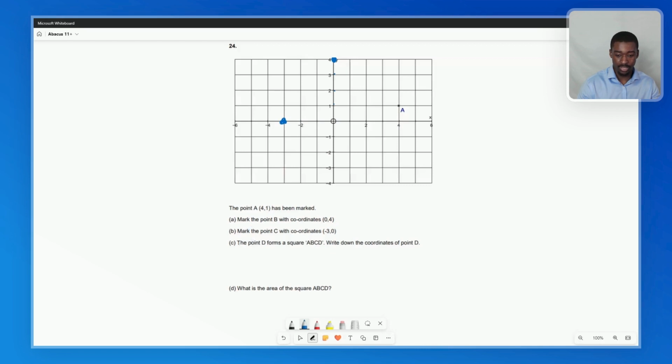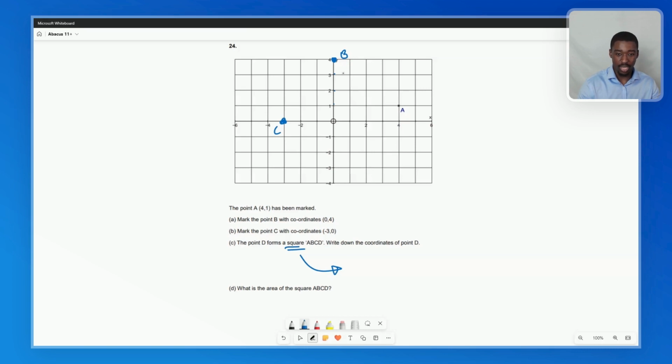And then the point D forms a square A, B, C, D. Write down the coordinates of point D. So here we need to know the attributes of a square that make it a square. The main thing is that in a square, every side is of equal length.